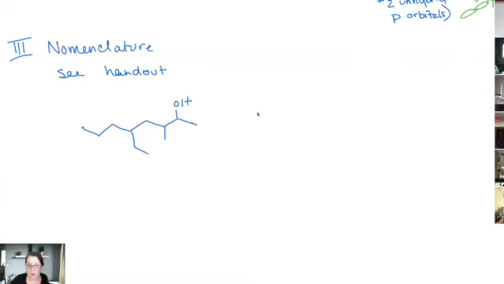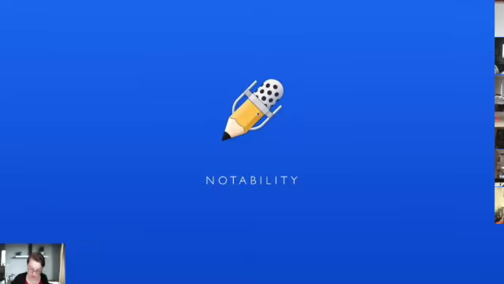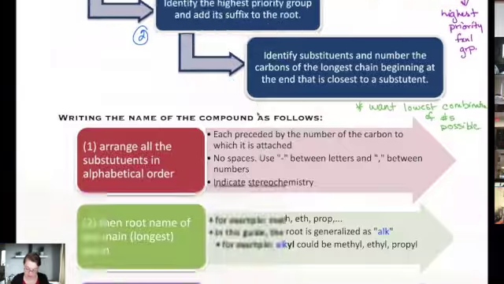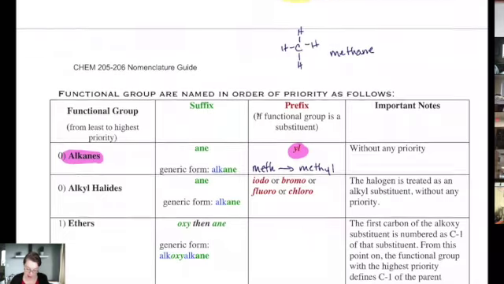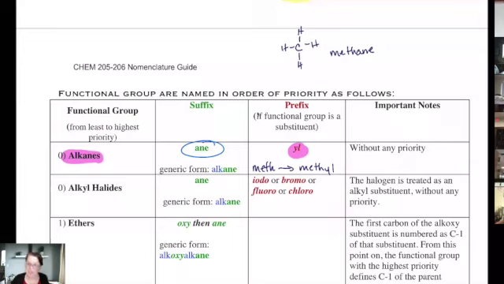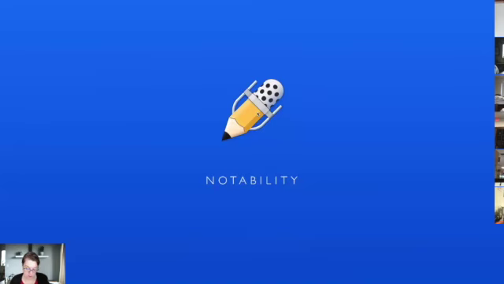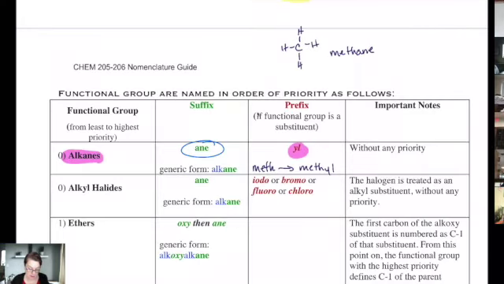If you look on your handout, jump back and forth here. If we go back to our handout, 8 is going to give us oct. And we're going to add ane to the end of it. Why do you add ane to the end of it?